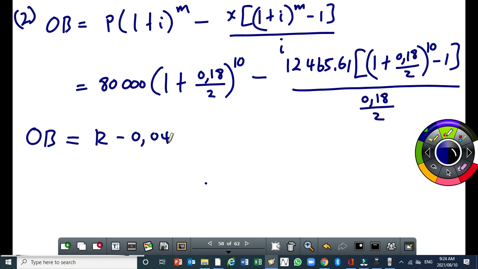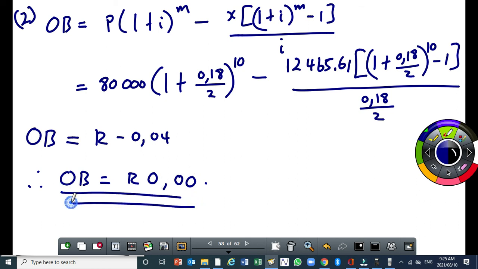Now this is impossible. Therefore, the outstanding balance, I'll put it as 0, because the outstanding balance cannot be negative, which means he is not owing.